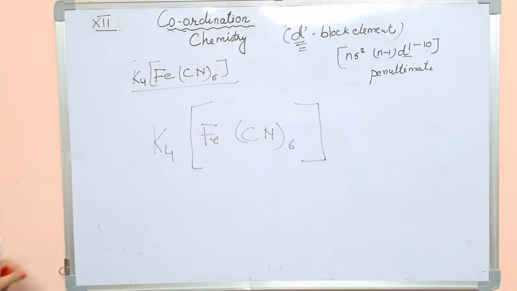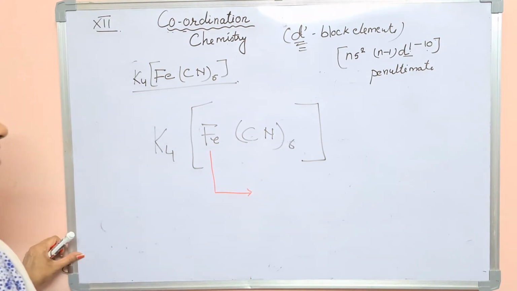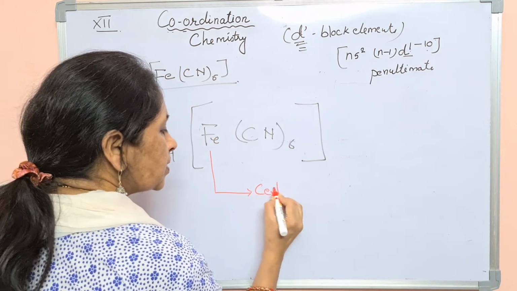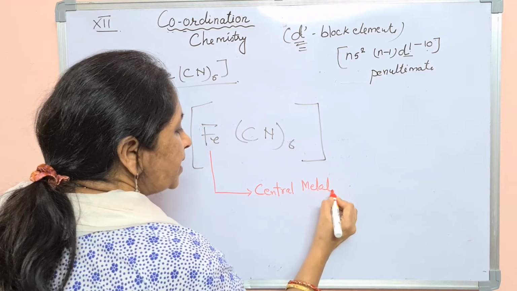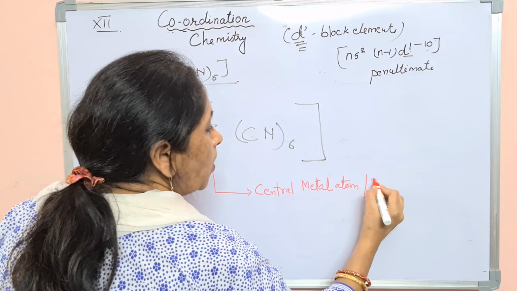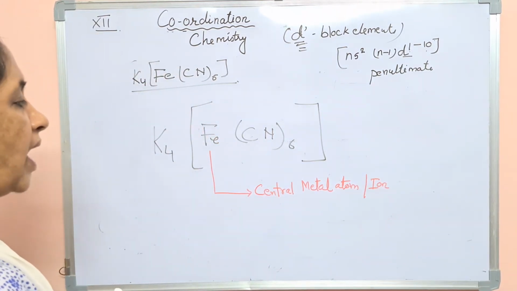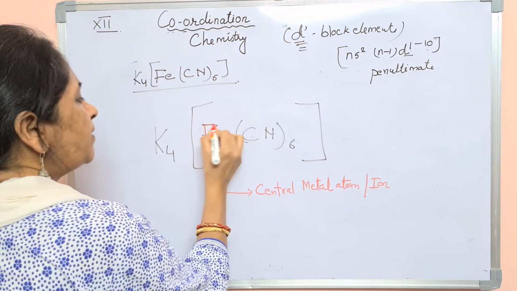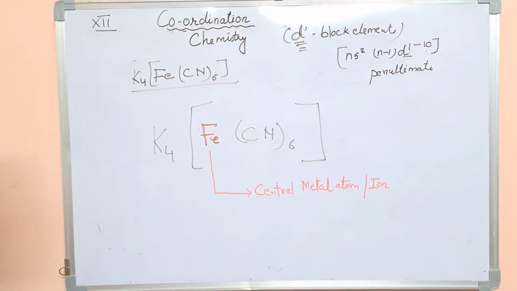In this compound, whatever iron or metal is present is called the central metal atom or ion. It can be a neutral metal or an ion. Whatever metal is present in the compound is called the central metal atom.